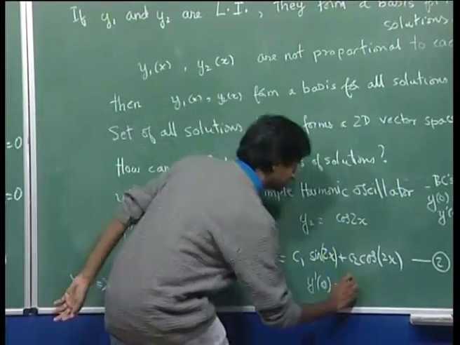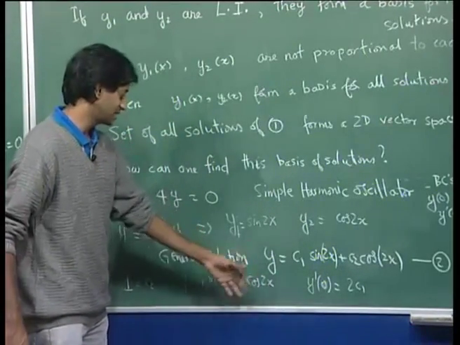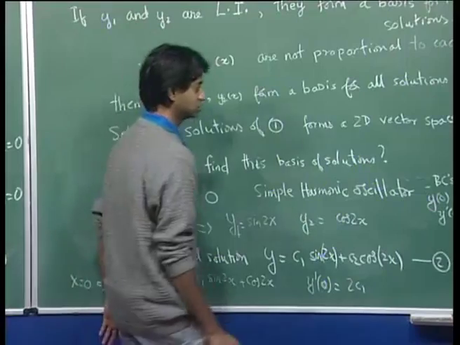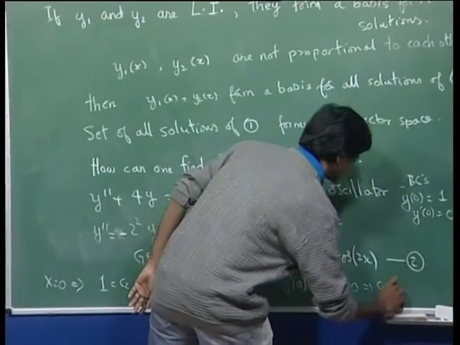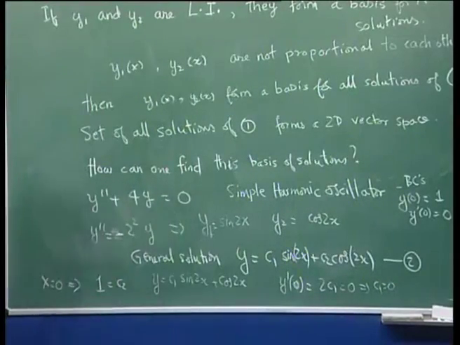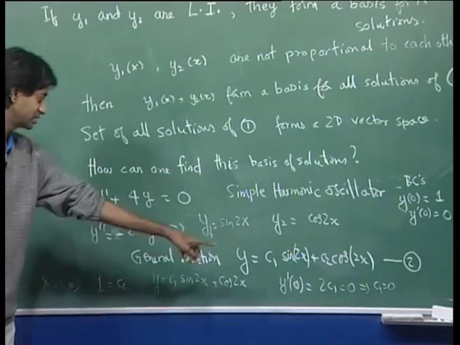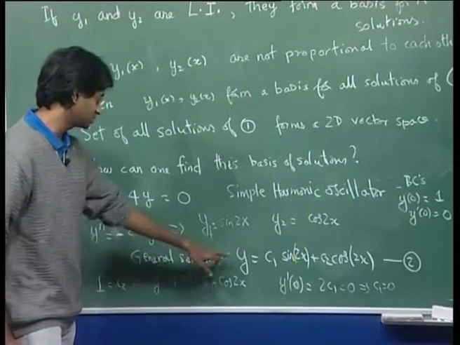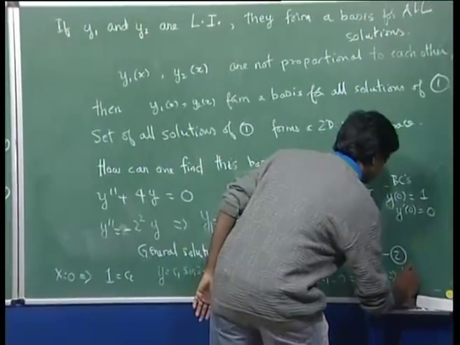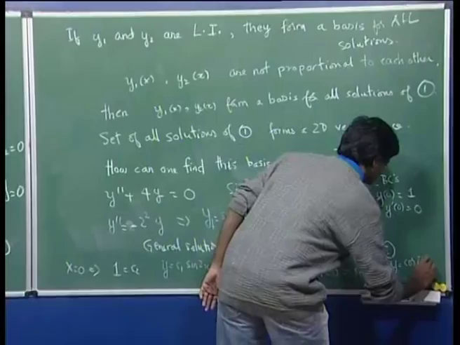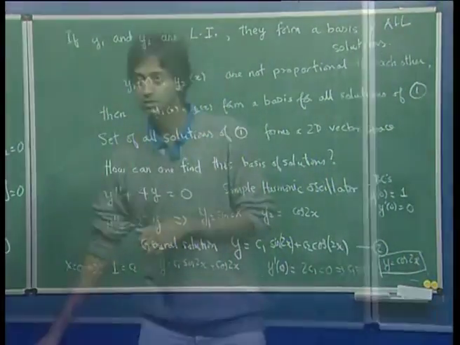So I have 2 C1. The derivative of cos 2x is minus 2 sin 2x, and when x equal to 0, that goes to 0. So 2 C1 equal to 0 implies C1 equal to 0. So C2 is 1, C1 is 0. So the particular solution is y equal to cos 2x, with no undetermined constants.